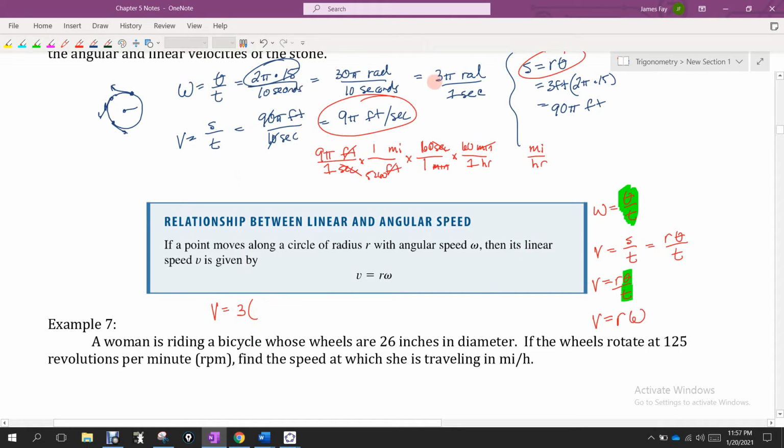We found omega to be 3 pi radians per 1 second. And remember, this 3 was in feet, so 3 times 3 pi is 9 pi feet per second, which is exactly the same thing we found. Oh, I said radians, should be 9 pi feet.